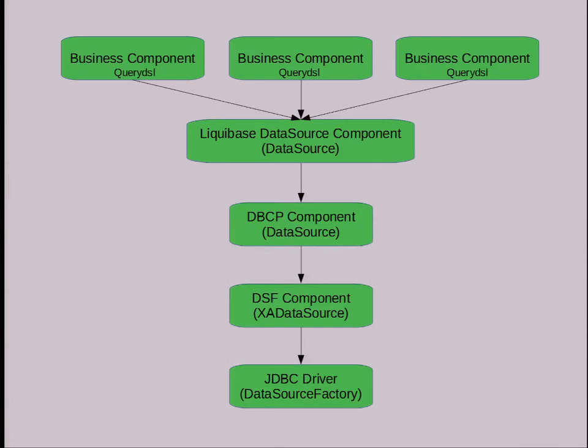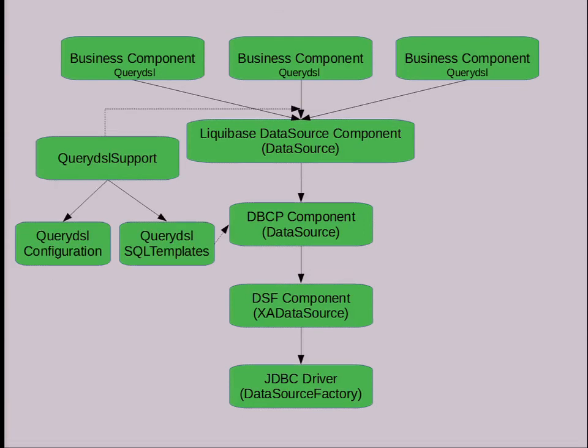We have got Querydsl. Do we need something more? I don't like always getting a connection, closing it, handling SQL statements. So we wrote a couple of components called Querydsl support, Querydsl configuration, and SQL templates, which help us. They are only very tiny components, just to make Querydsl configurable.